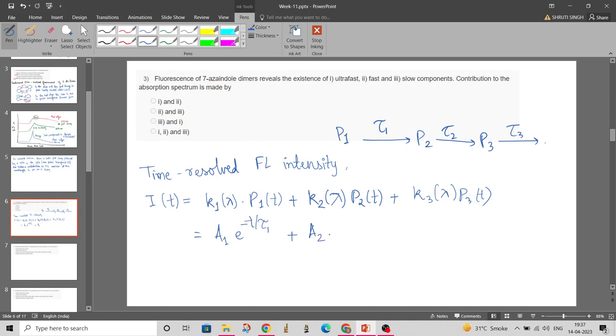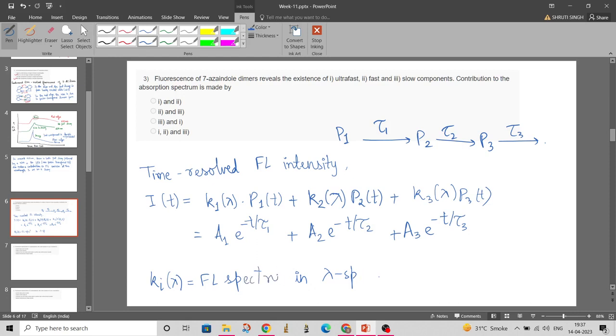So from the fitting, we get this tau 1, tau 2, tau 3. And here the K1, K2, K3 are the fluorescence spectrum in the wavelength space.